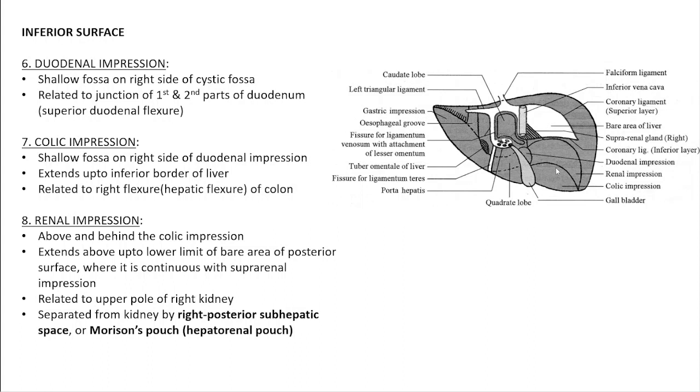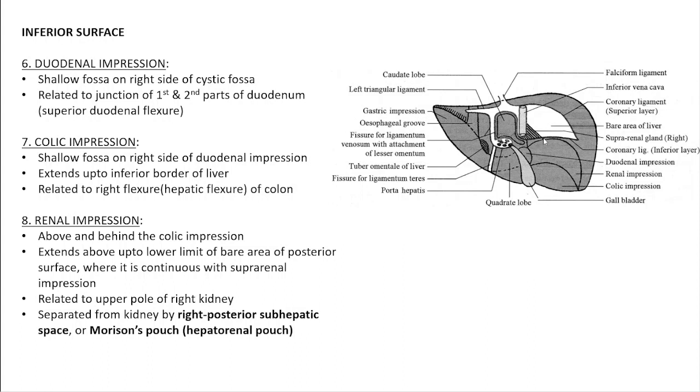So it extends from here to the inferior border of the liver, and it is related to the hepatic flexure of the colon. The renal impression lies above and behind the colic impression, extends up to the lower limit of the bare area, where it is continuous with the suprarenal impression. It is related to the upper pole of the right kidney, and it is separated from the kidney by the right posterior subhepatic space, or the Morrison's pouch, or the hepatorenal pouch.